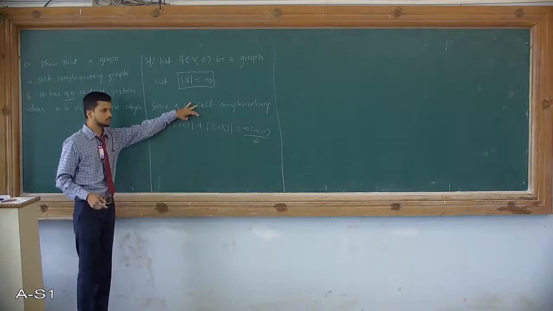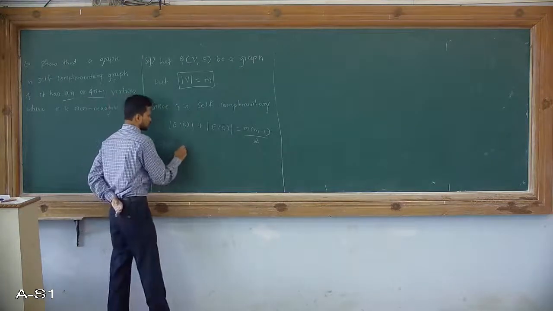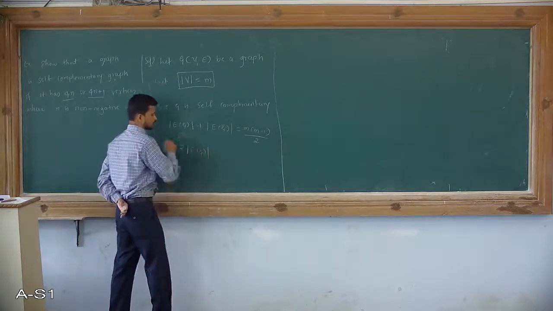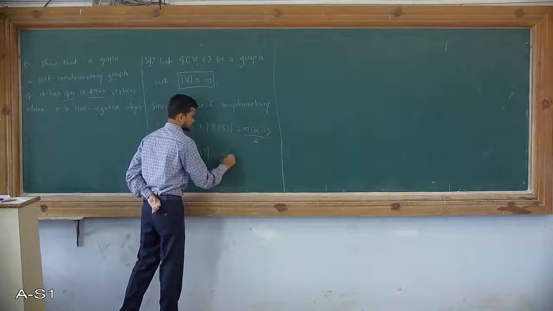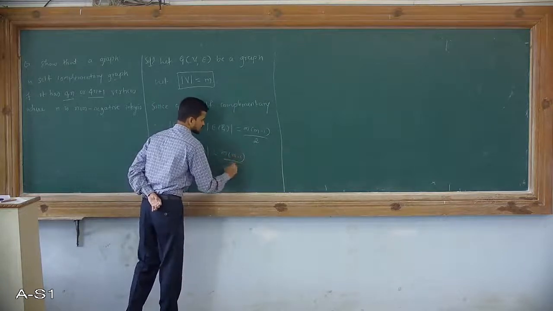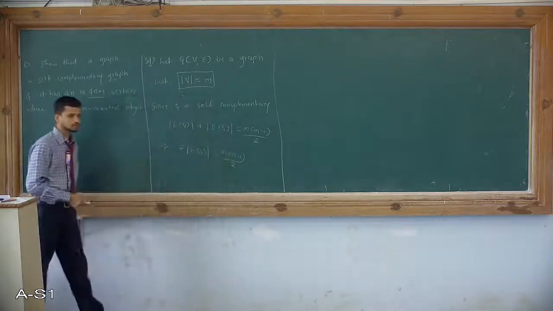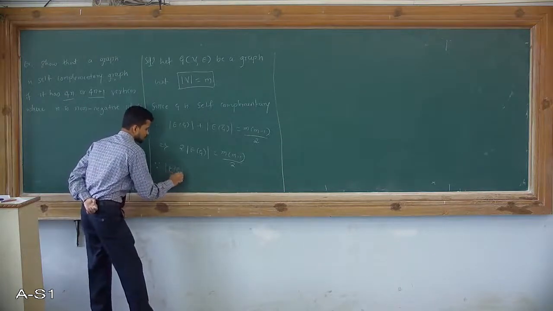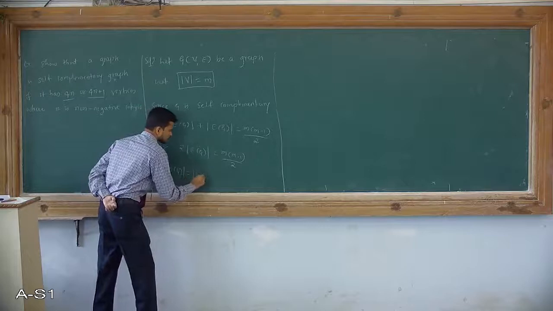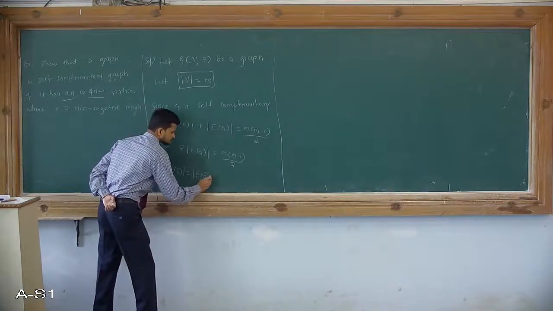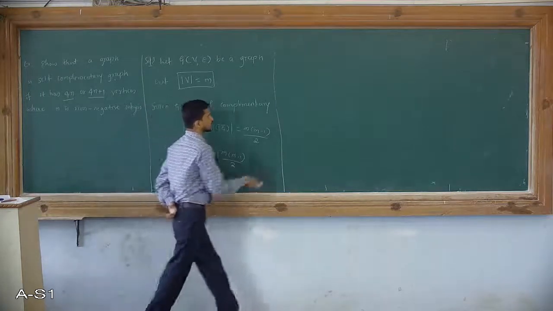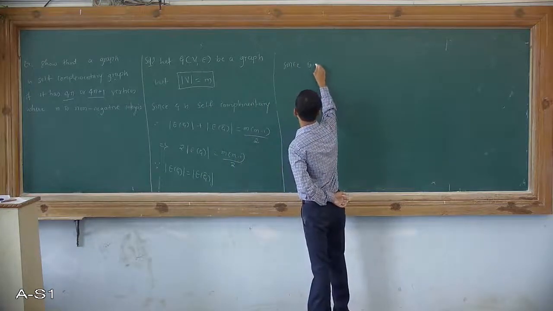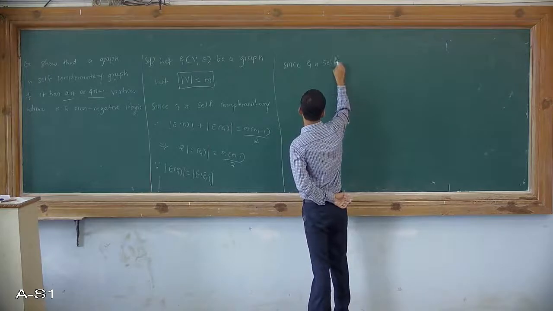This is equal to 2 times E of G, which is equal to m into m minus 1 divided by 2. Why? Because E of G is equal to E of G bar, since G is a self-complementary graph.